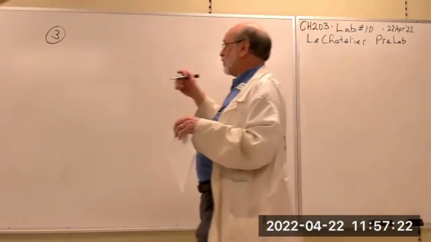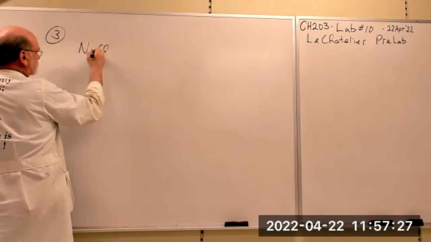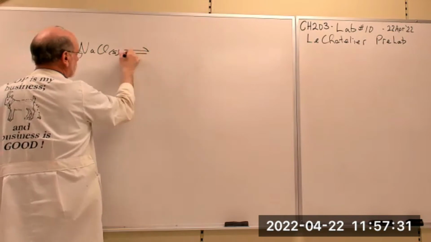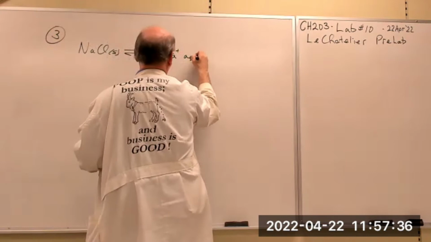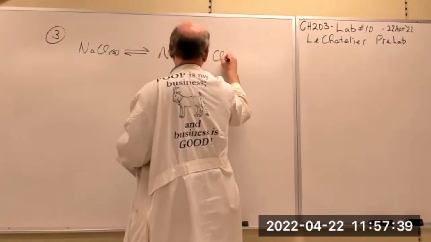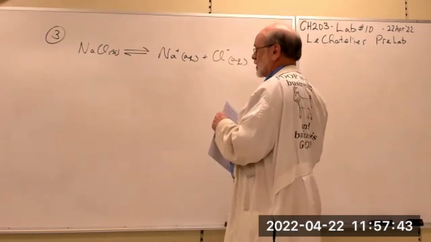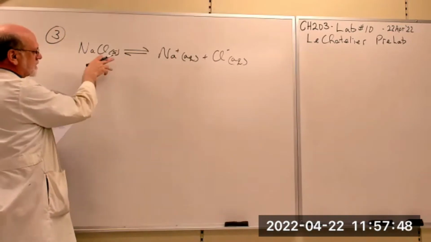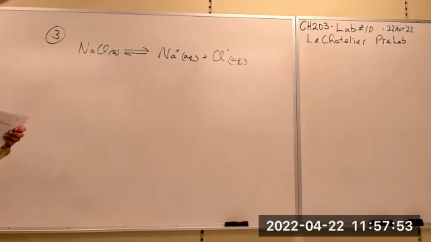What we have is sodium chloride going into solution. So we're saying that this solid is being dissolved. So how is that an example of an equilibrium system?